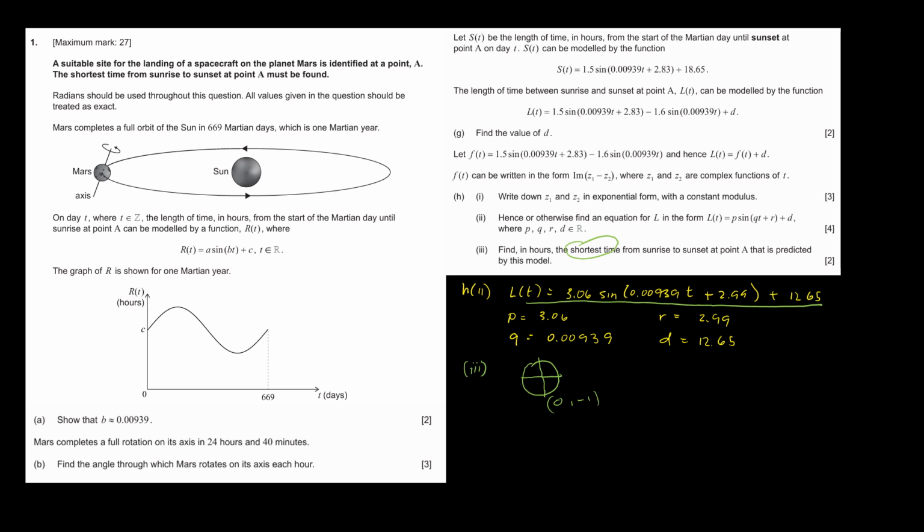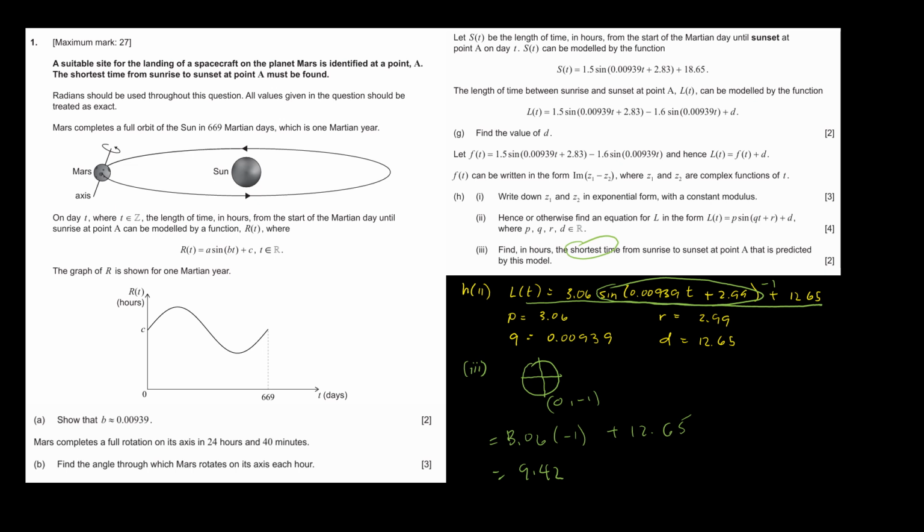So if we try to make the whole thing minimum, have it negative 1, so we will have here 3.06 times negative 1 plus 12.65. Get your calculator and solve for this one. We will have around 9.42. That's the shortest time in hours.